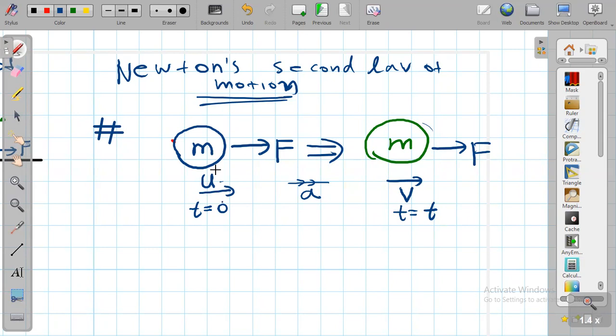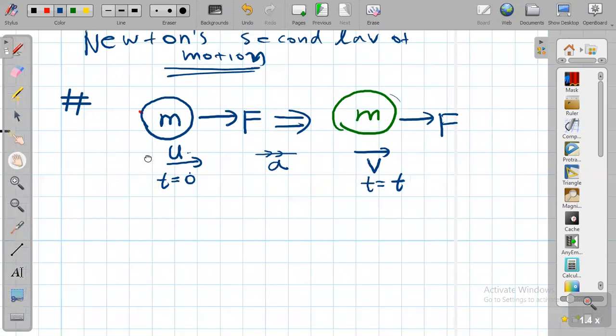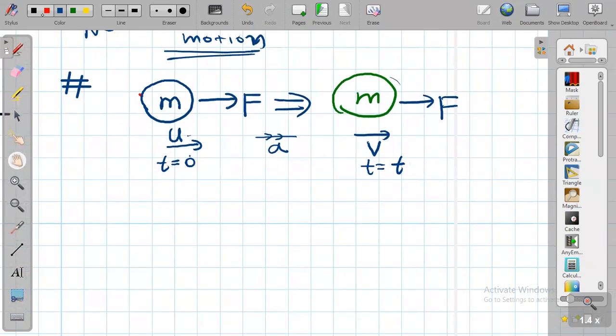This is what the diagram may look like. It says at the beginning, it had a momentum of v initial. And here it has a momentum of v final. What does it say? The rate of change of momentum.